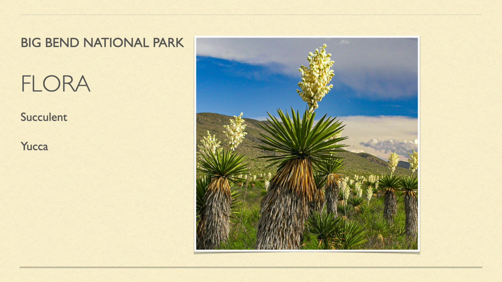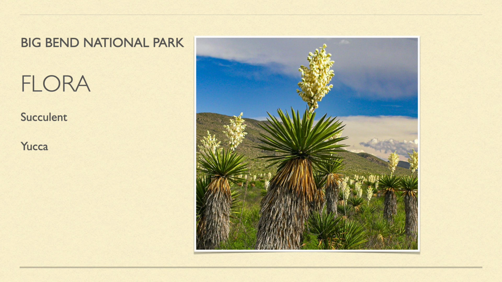The next flora in Big Bend National Park is also a succulent called the yucca plant. Now, yucca plants are tough evergreen plants. Evergreen again, they stay green all year round. They're native to the Americas. They're known for their sword-like shaped leaves and their ability to thrive in hot, dry conditions like Big Bend National Park.